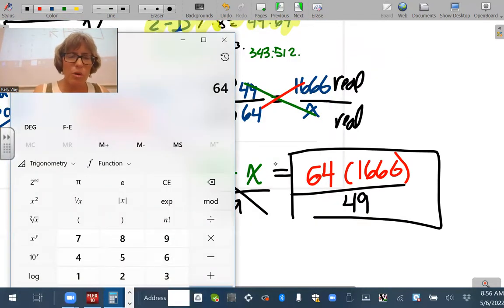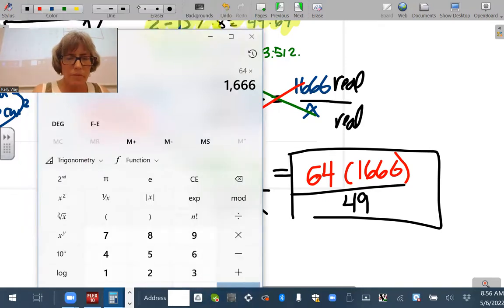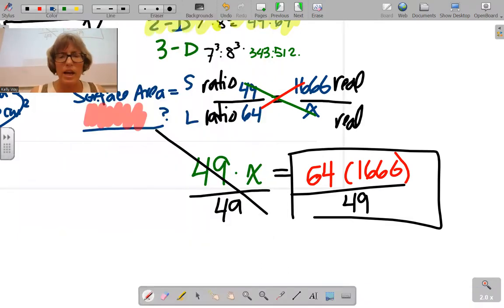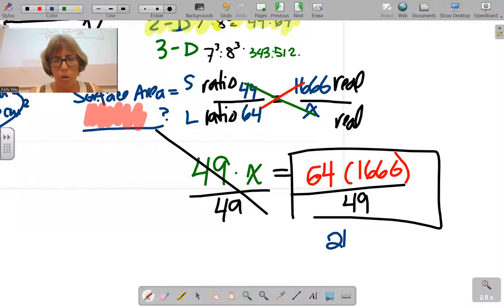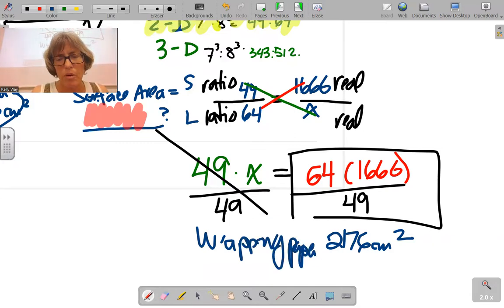Doing 64 times 166, divided by 49. And we find out that we need 2,176 centimeters squared of wrapping paper.